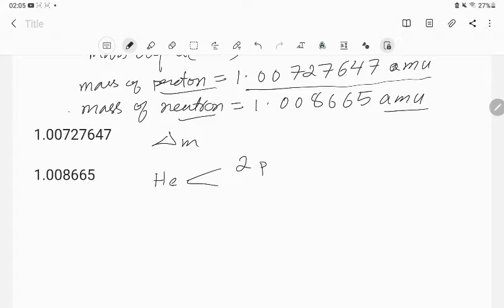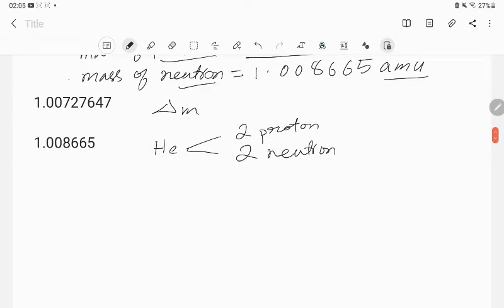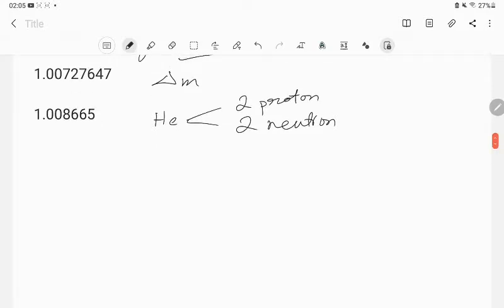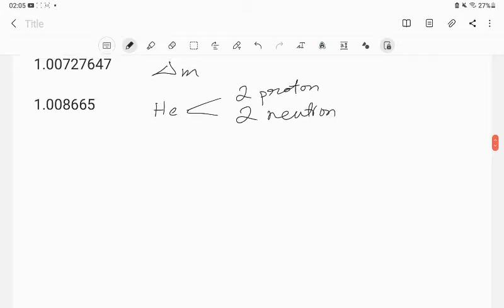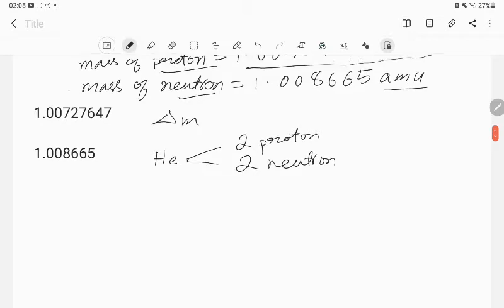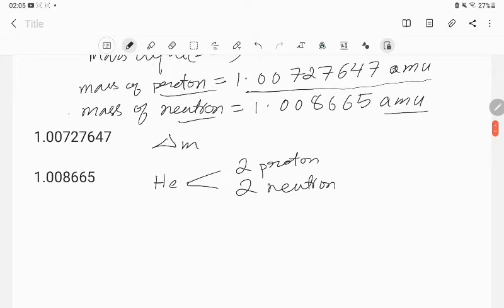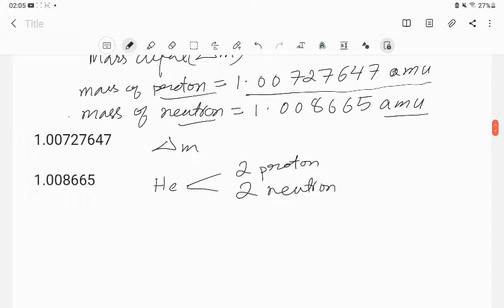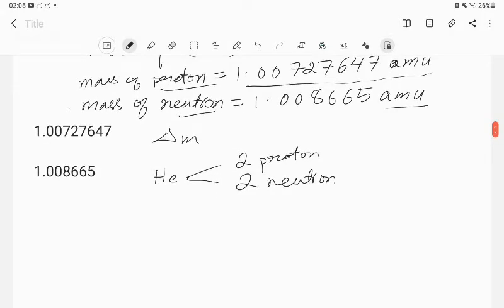Inside the nucleus of a helium atom there are two protons and two neutrons. What will be the mass of helium?